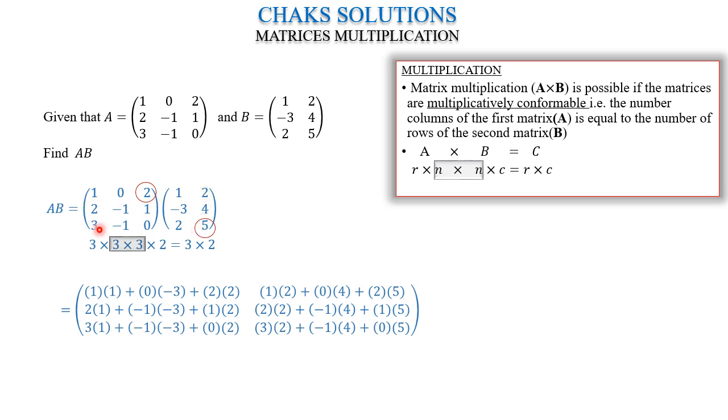Then we go to the third row with the first column, and the third row with the second column. This will give us this matrix. If we simplify it, we are going to have 5, 12, 7, 5, 6, 2. That's our matrix of A times B.